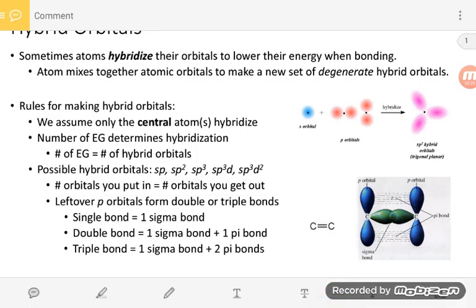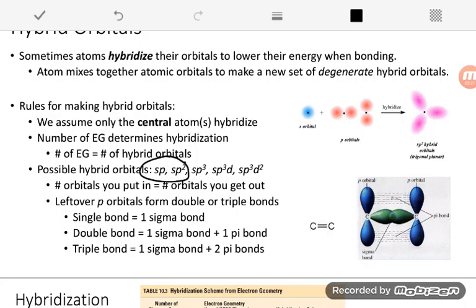Now notice, for these first 2, I don't use up all my p orbitals. Those leftover p orbitals don't want to just sit around and do nothing, so what they do is form double or triple bonds. For instance, let's say we had a carbon-carbon double bond here. A double bond implies there are 2 bonds there, so we have to ask, where do those come from?